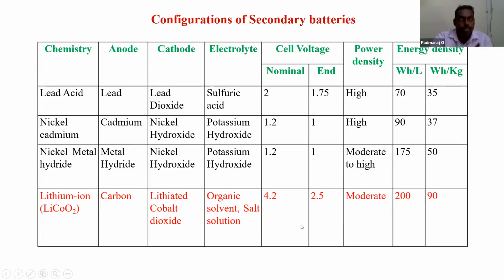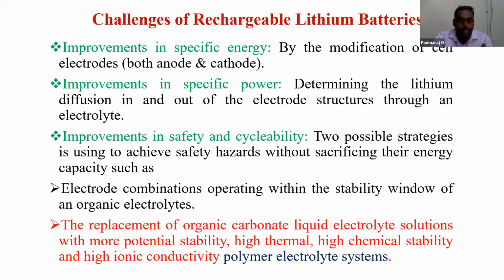So we have to look at how to overcome the safety issues. In order to avoid the issues, we have to focus on some modification. That is, we have to look at the challenges of rechargeable lithium batteries. So what are the challenging tasks?